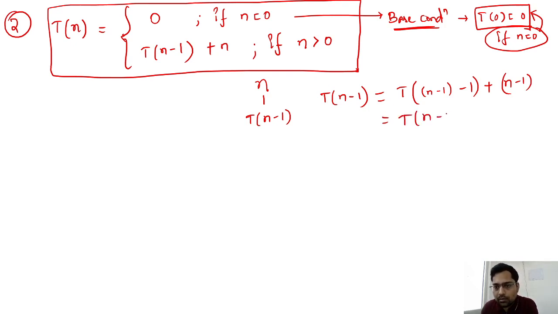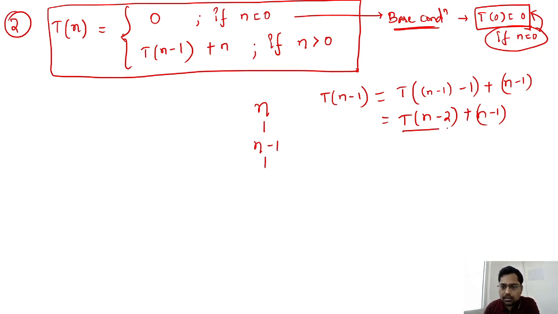The next unknown function is T of n minus 2, plus n minus 1 is the cost for this T of n minus 1. Then we are going to expand it. When you expand it, the cost will be written here. I'm just keeping some space to write well. Next cost could be like this, here is the unknown term, so you can directly write this and you run for k times.